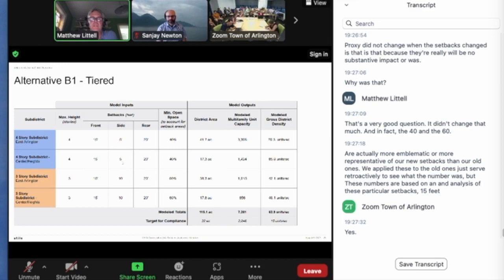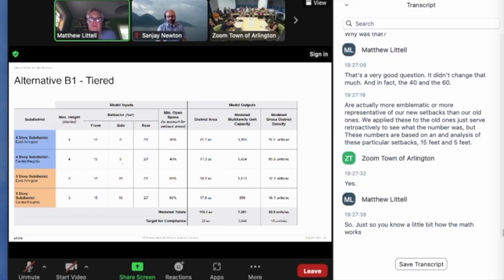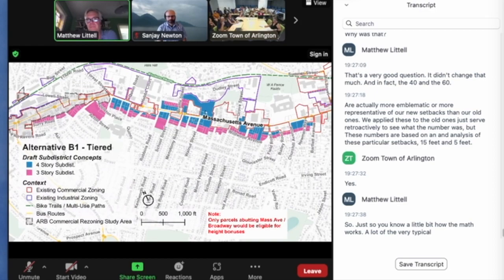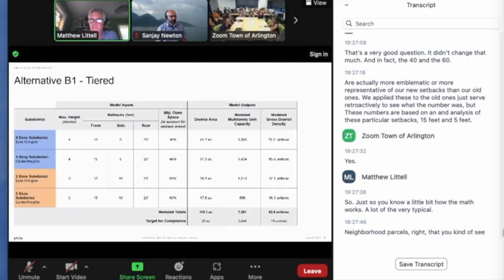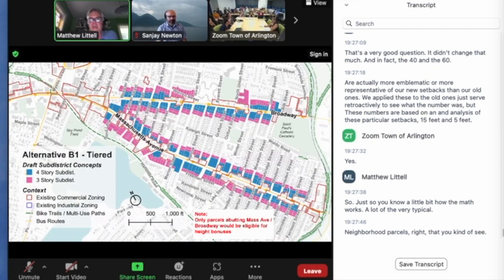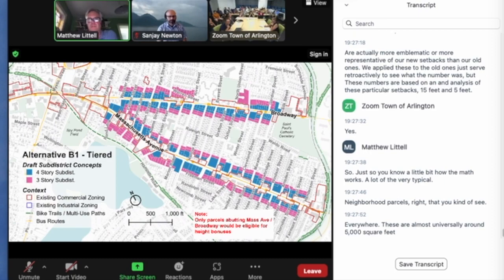So just so you know a little bit how the math works, a lot of the very typical neighborhood parcels that you see everywhere are almost universally around 5,000 square feet, approximately 50 by 100 deep.